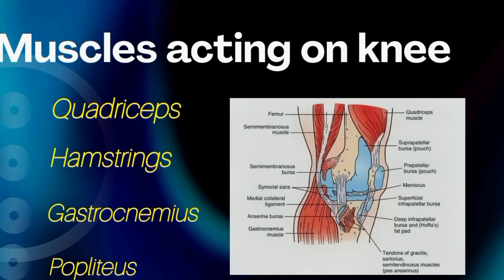In this picture, I can show you the different muscles. This is the quadriceps muscle, and this is the gastrocnemius muscle, and behind the leg on the posterior aspect are the hamstring muscles, and the popliteus muscle is present on the posterior aspect of the knee joint, which is not visible in this diagram.